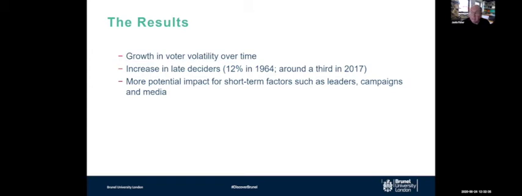Now, the reason this is important is if you think about it, if you've decided how you're going to vote before the campaign itself starts, and you've decided to vote Conservative, it's going to matter less who the Conservative leader is. It's going to matter less how well the Conservative Party campaign, and it's going to matter less if the media is hostile or warm towards the Conservatives, because you've already decided to vote for them.